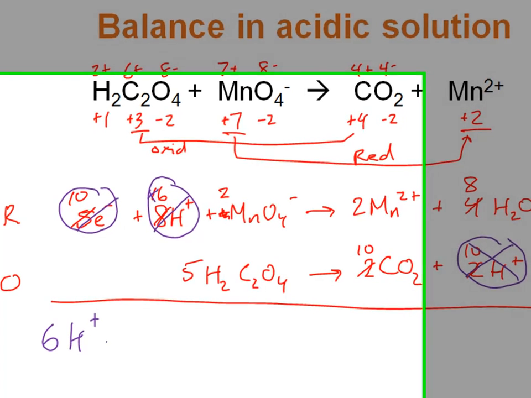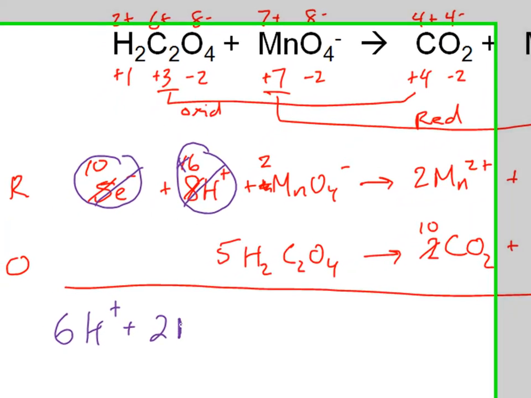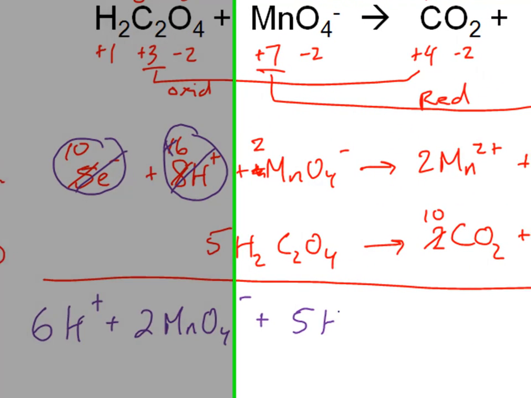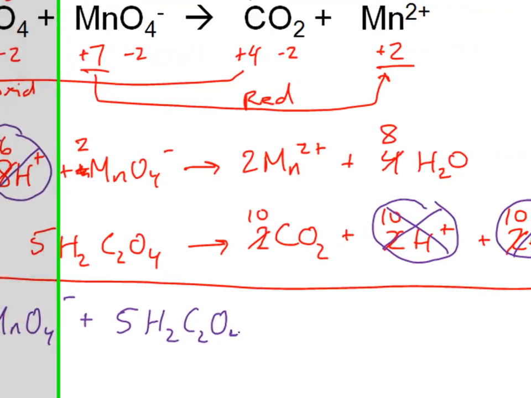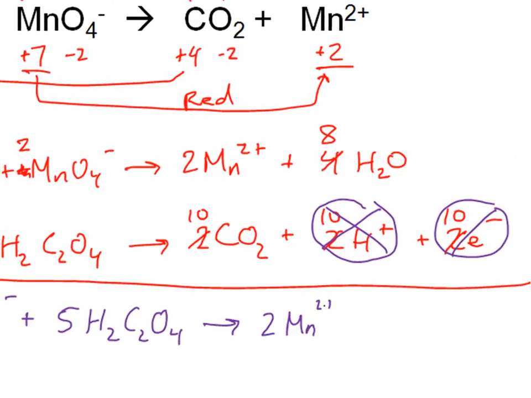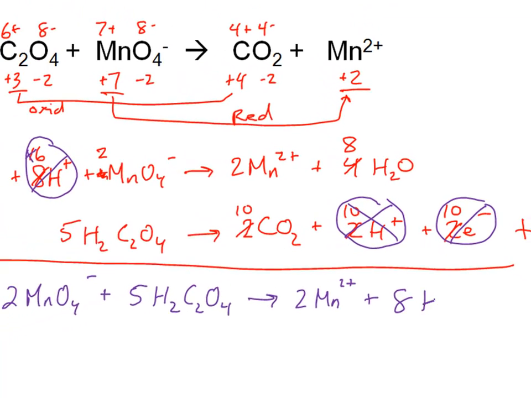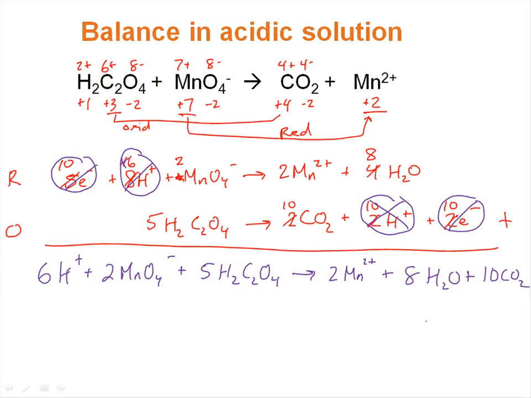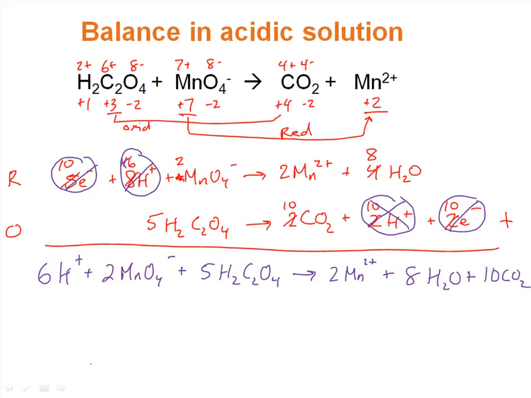So next step is to write the 2 MnO4 minus plus the 5 H2C2O4, and that makes 2 Mn2+ plus 8 H2O plus 10 CO2. Now this equation here should, if we did it correctly, have the same number of atoms on both sides and the same charge.